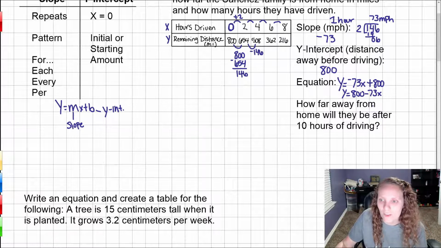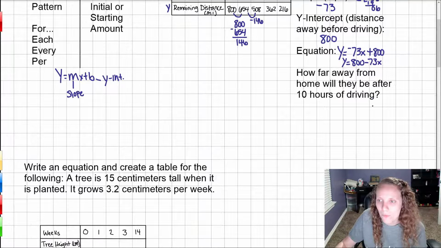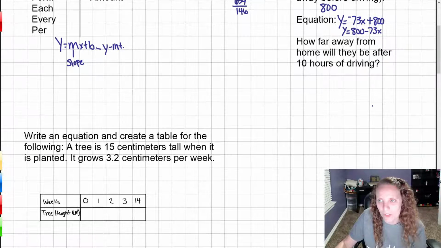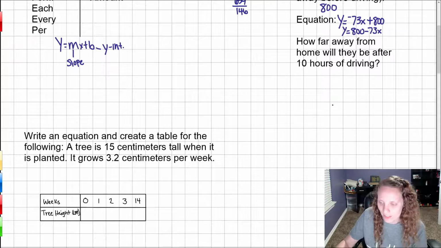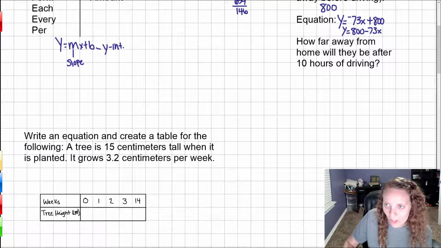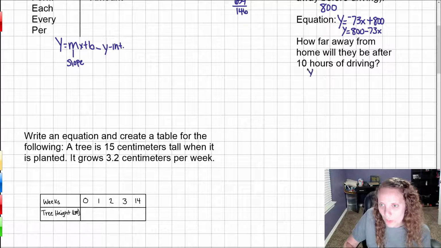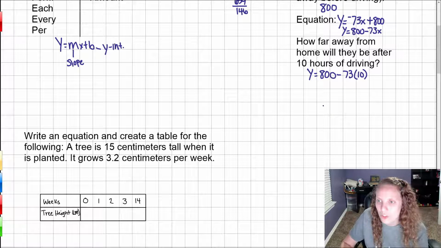Then it says, how far away from home will they be after 10 hours? Well, remember x stands for hours, and we could plug in a 10 to our equation for x. So to figure out the total distance, which is y, we could do 800 minus the 73 times the 10 hours that would have been driven.